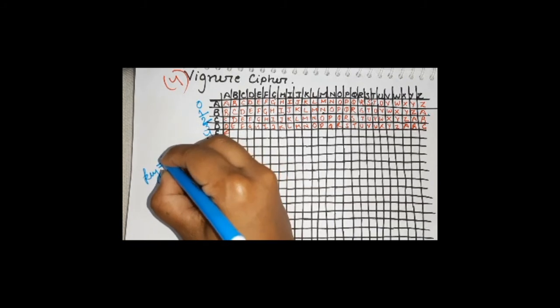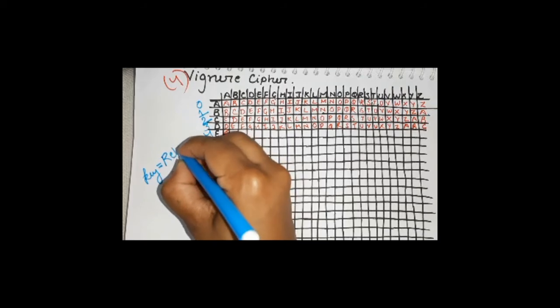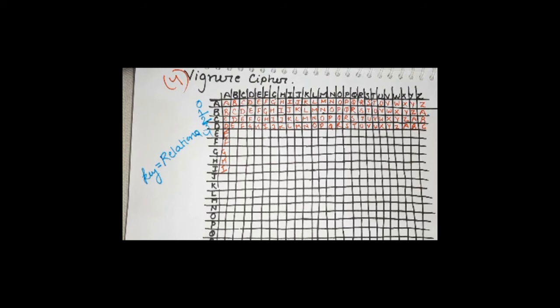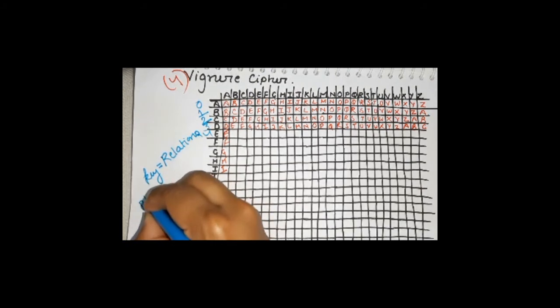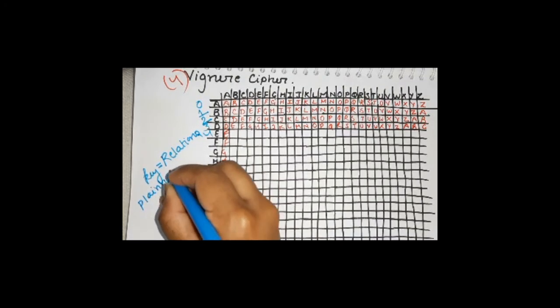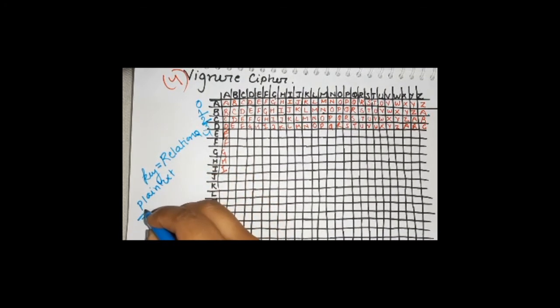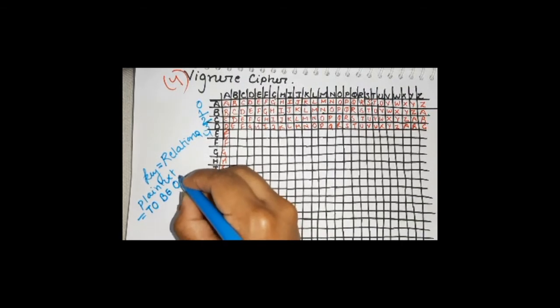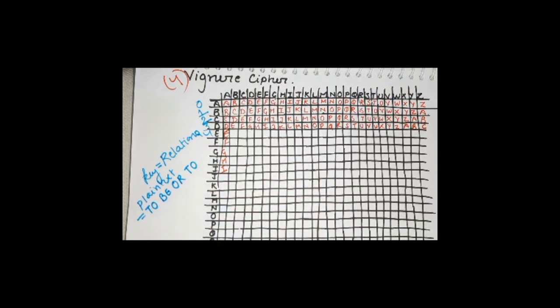For example, here we have the keyword as relations, and the given plain text is to be or to. This is the plain text that you have. You need to convert this into ciphertext.